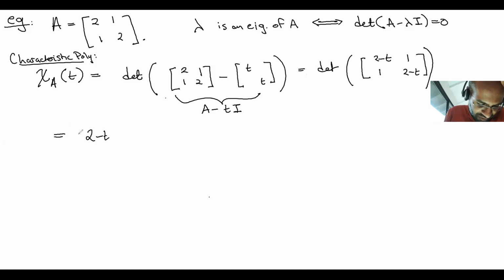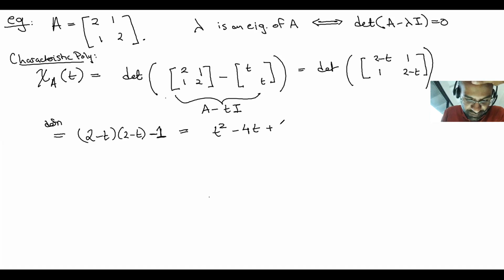This is 2 minus t times 2 minus t, minus 1. So this is, I guess, the definition of determinant. And if you work this out, this is t squared minus 4t plus 3.